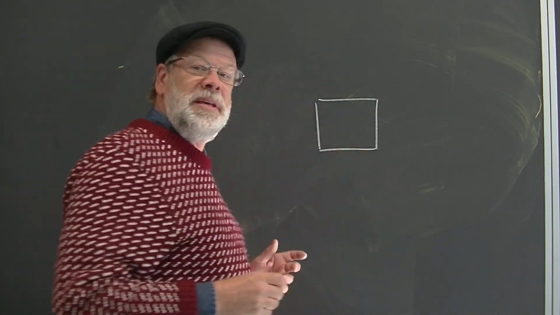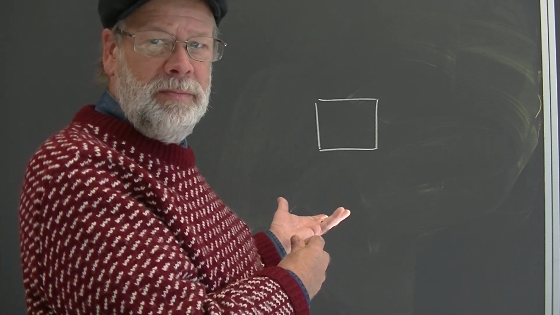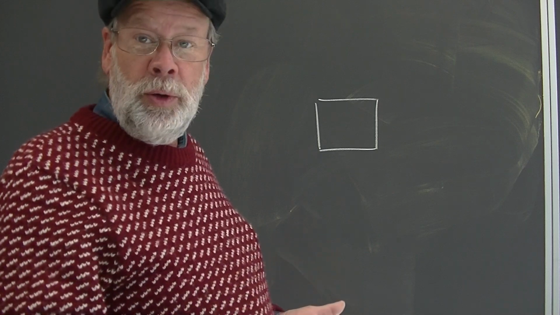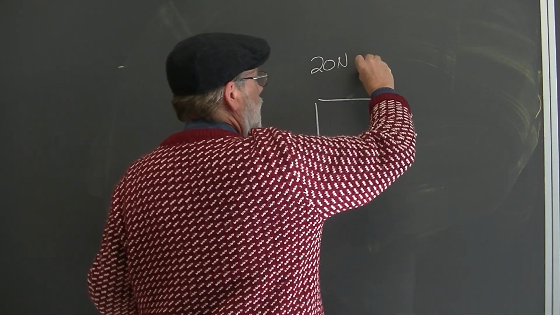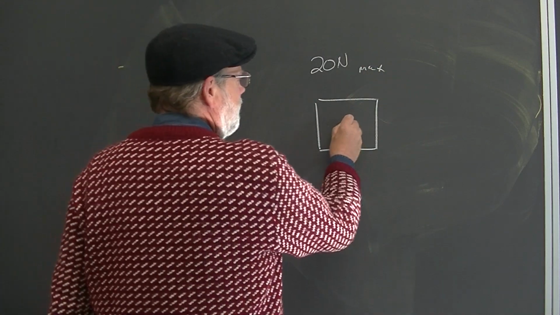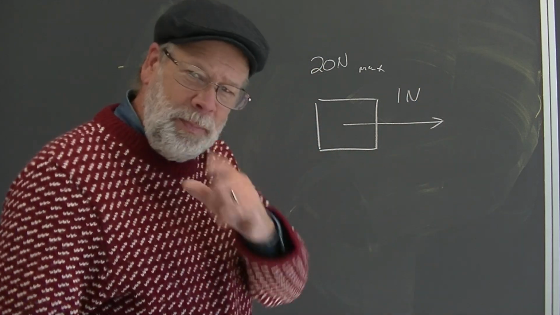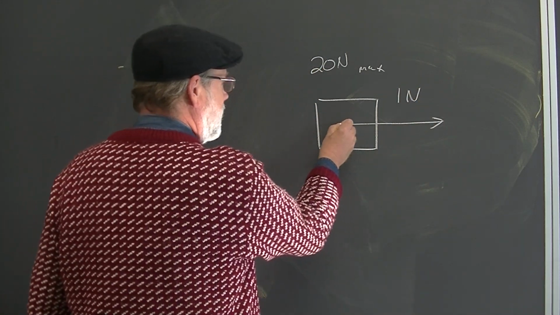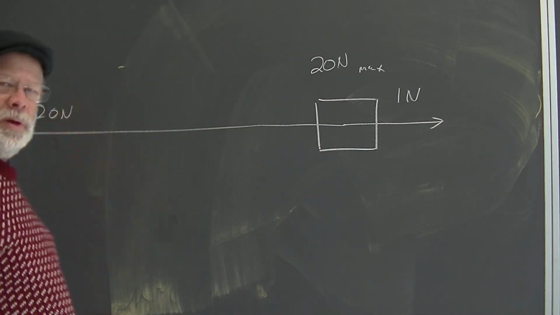So let's say the maximum static friction I could pull that this can stay still for is 20 newtons. If I pull this way with 1 newton, is it possible that that box, because of friction, is pulling with 20 newtons of force?